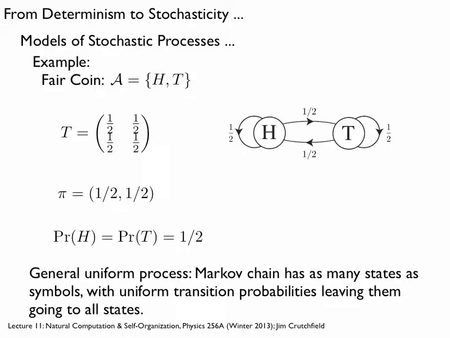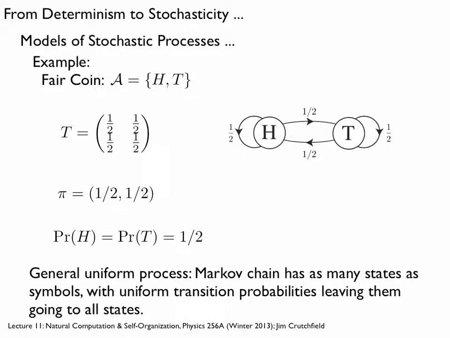So I have two states, heads and tails, and then the edges. All edges are there, and they all have the same probability. Go calculate this eigenvector normalizing probability. It's 50-50. No surprise. It's degenerate here. And we conclude that the probability of heads and tails is a half.